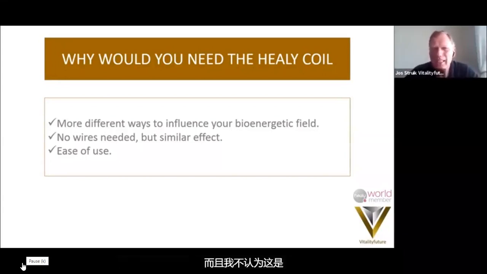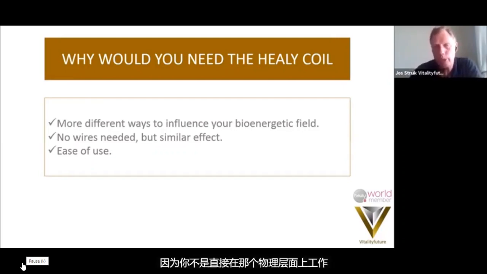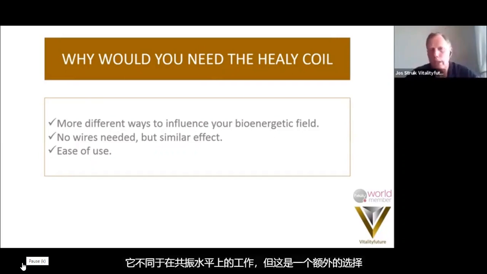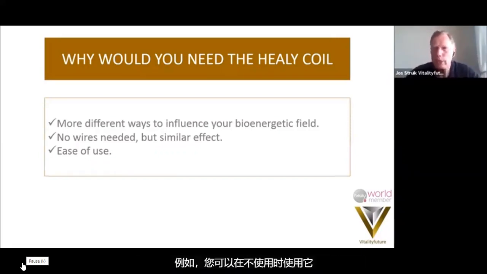And I don't see it as the same way as running the microcurrents, because you are not working directly on the physical level. It's not the same as working on the resonance level, but it's an extra option that you have, for example, to use it when you don't want to use the wires.